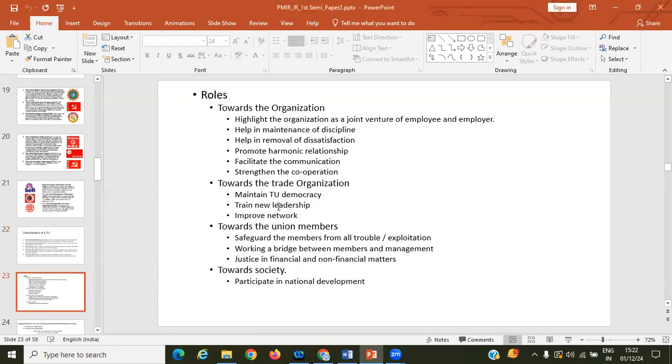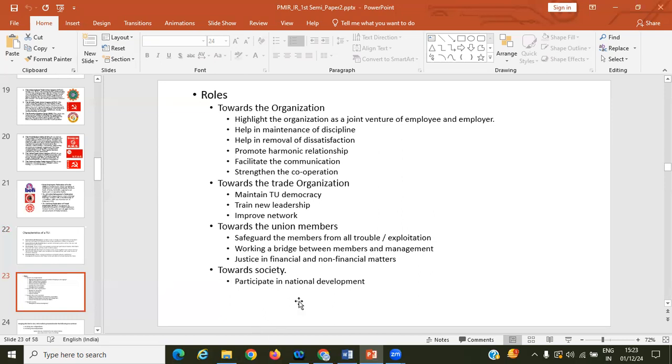Another thing we studied is roles. This is something we discussed earlier. What are the roles? This is similar to the functions slide. We understood what the functions of a trade union are. It is the same: what are the roles of a trade union towards the organization, towards the union members, towards the society.